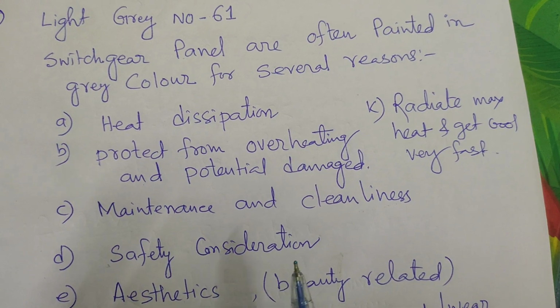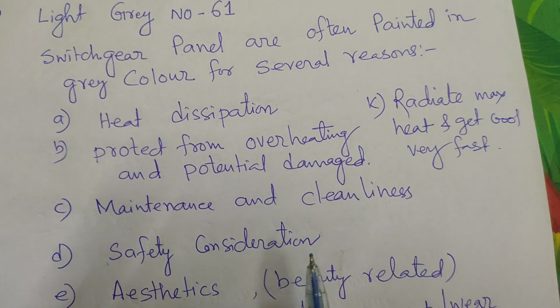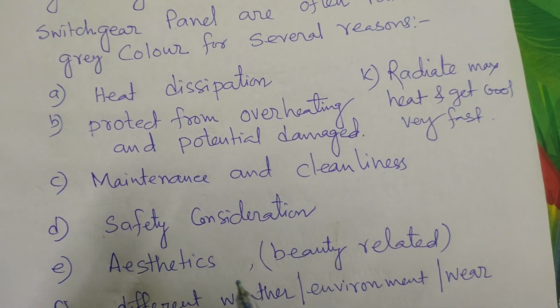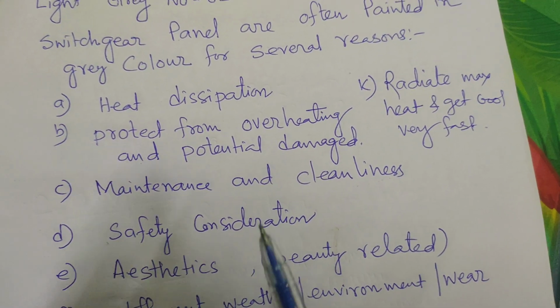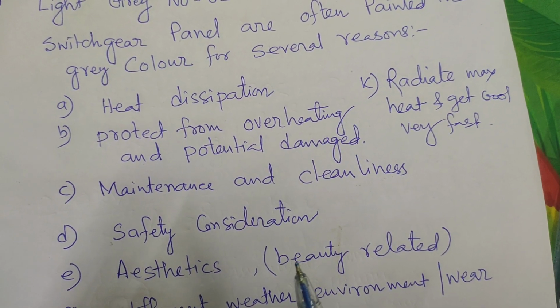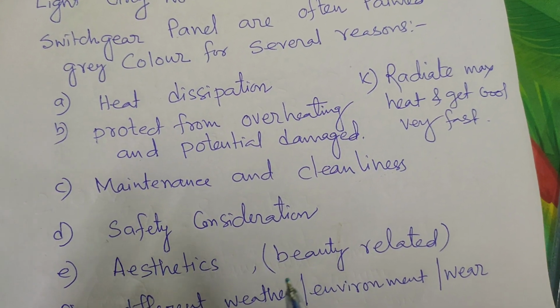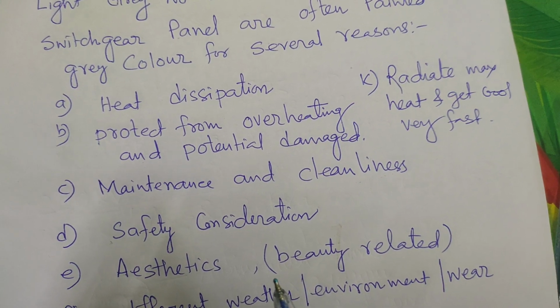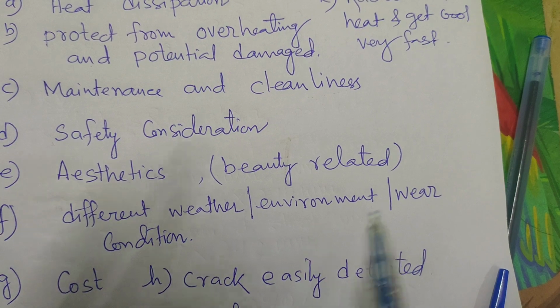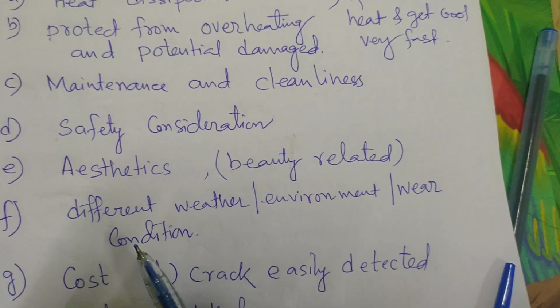Safety consideration is related to safety matters. Then aesthetics, or beauty: if the color is gray, there is beautification, because everything in gray looks very beautiful. And different weather and environment wear and tear.